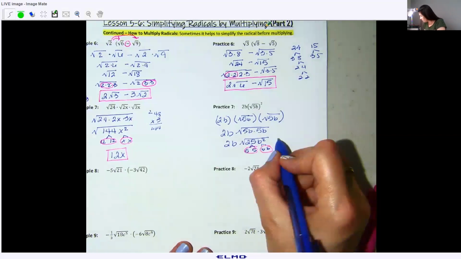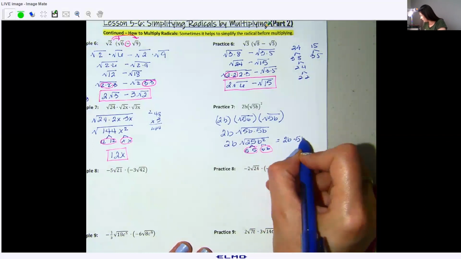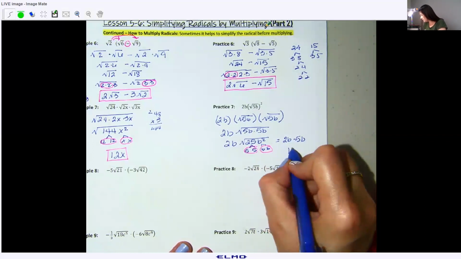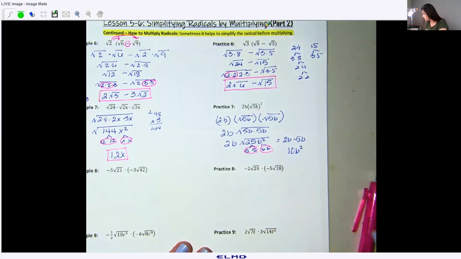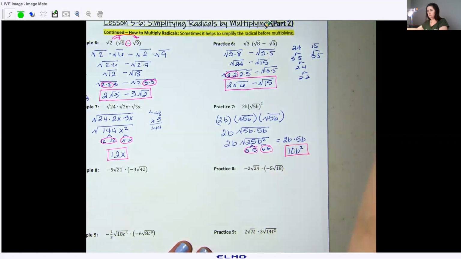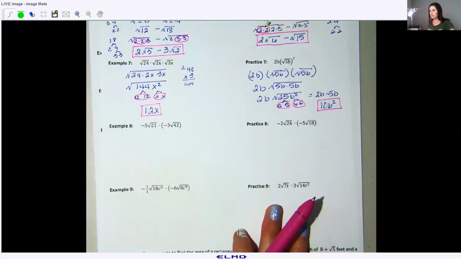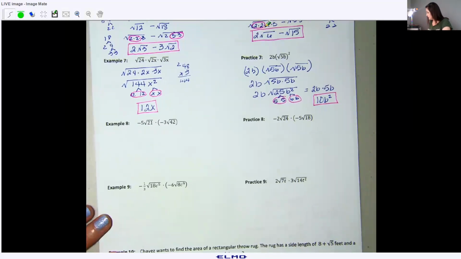So we end up with 2b times 5b, which gives us 10b squared. Okay, all right. Example 8 and practice 8.